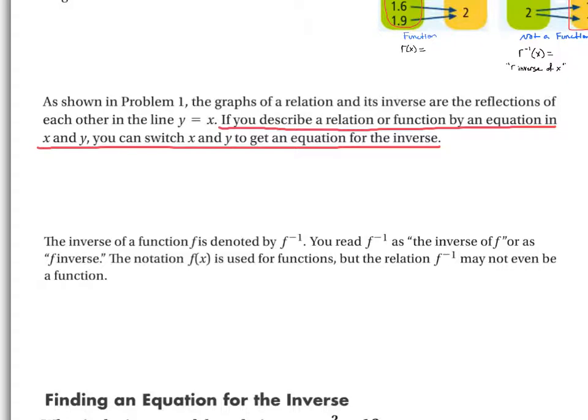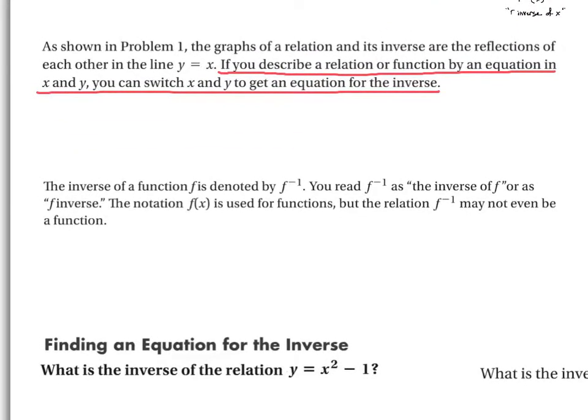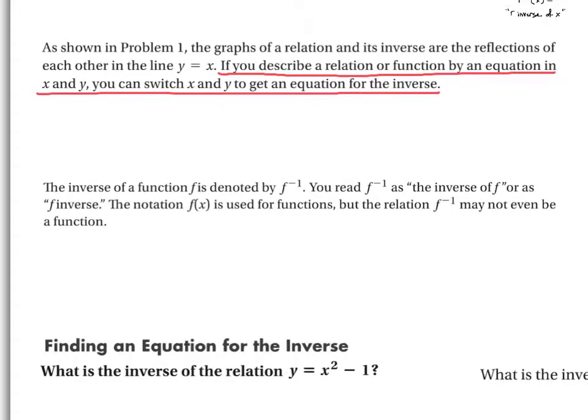I do want to talk quickly, and I've already said this, but I want you to write it down again. For the notation for an inverse, please first remember function notation, f of x. That can only be used when you have a function, right?